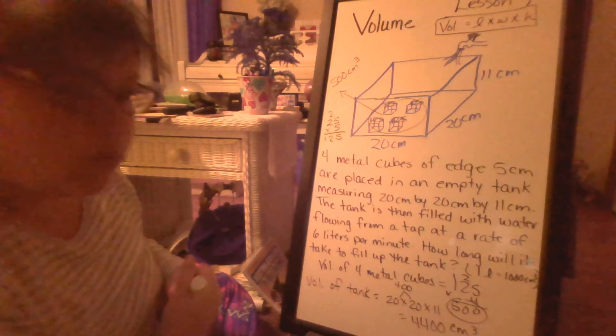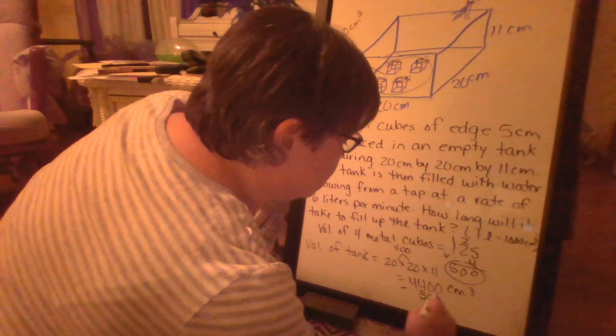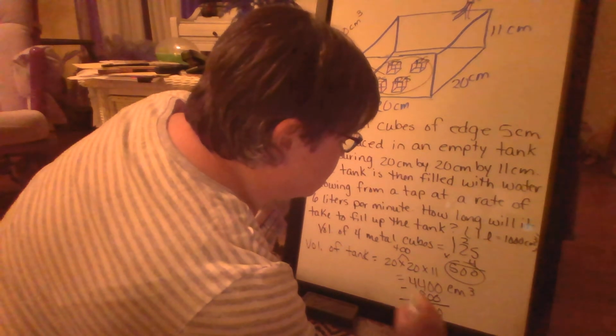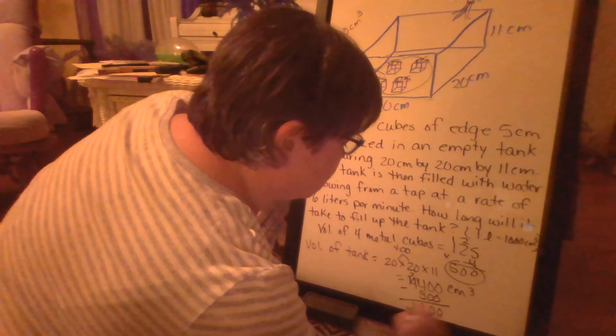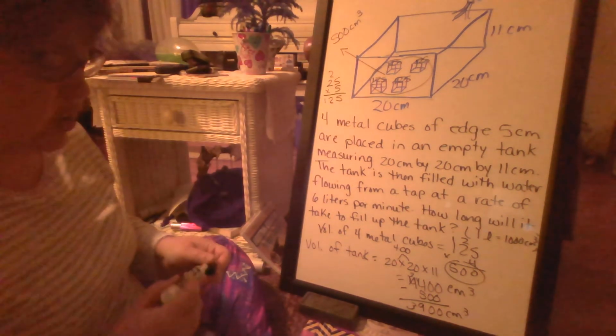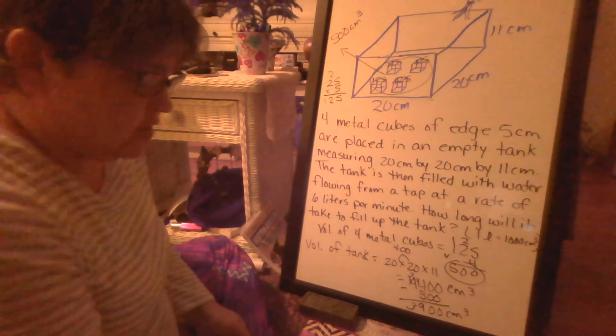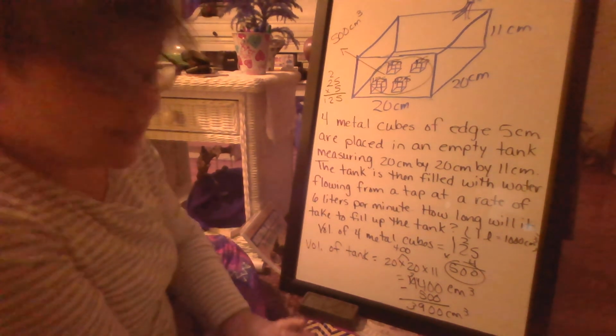So we would say 4,400 minus 500, and we would get 3,900 cubic centimeters.